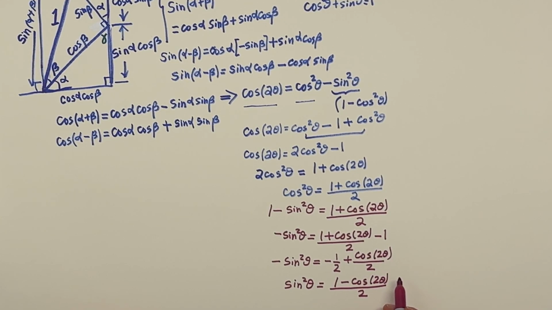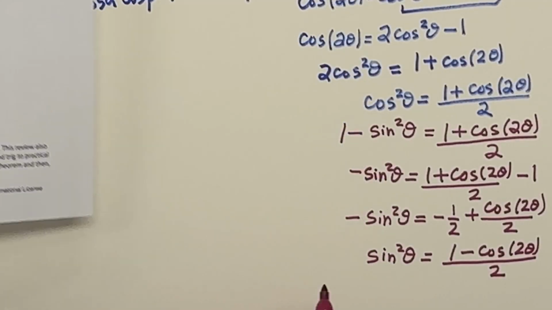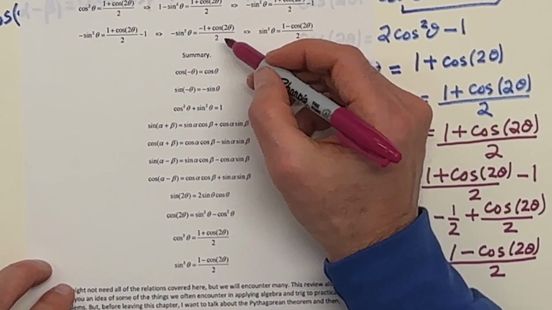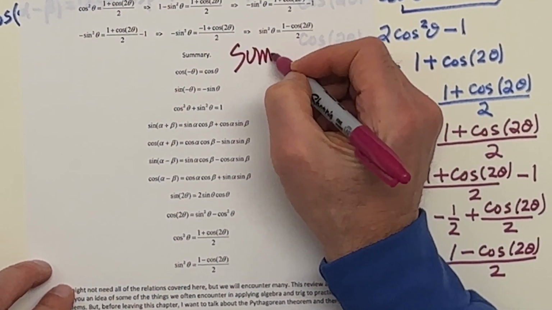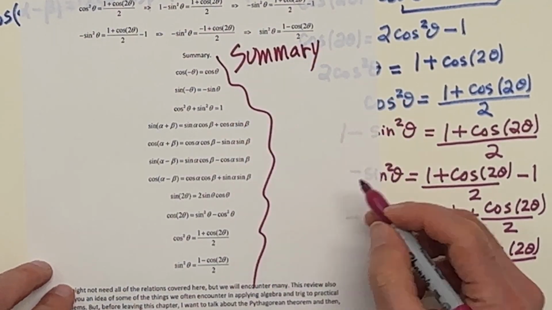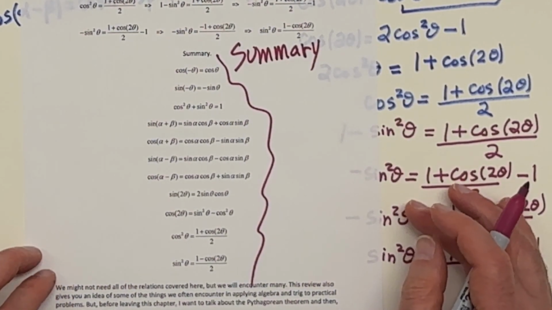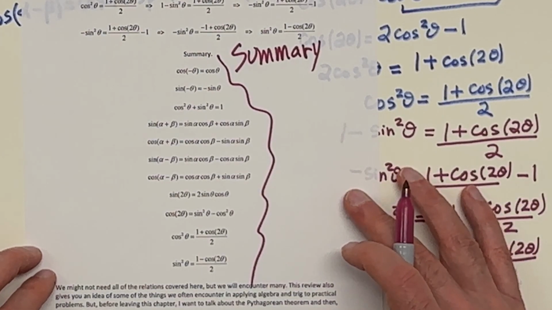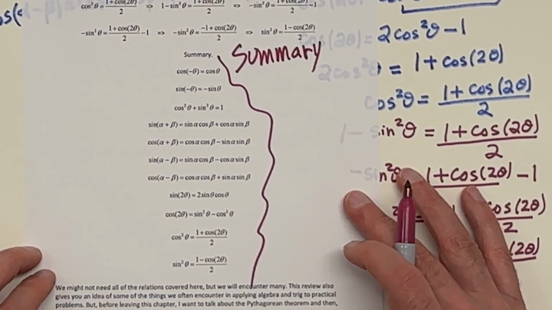And that's what we have here. And you will find in the notes these things worked out, and also a nice summary of all the identities that we have derived. We're going to need most of those, or a lot of those will show up. We'll encounter a lot of those.